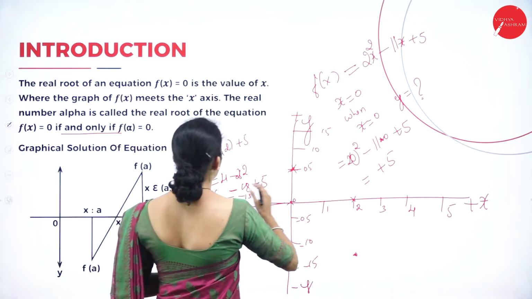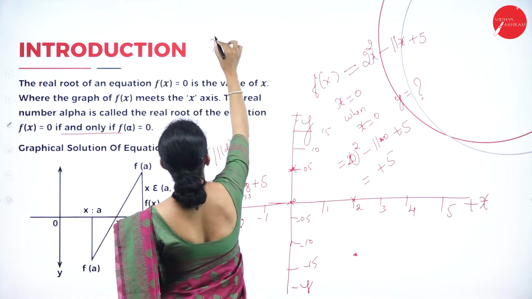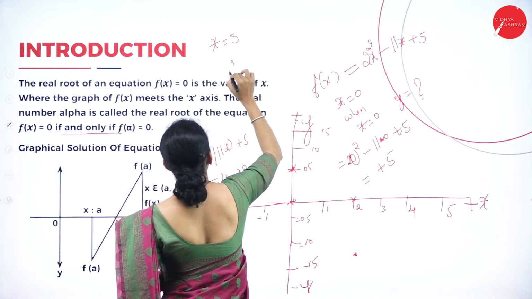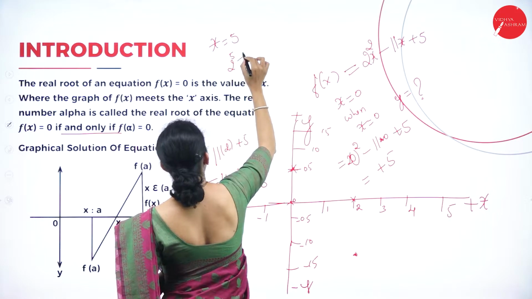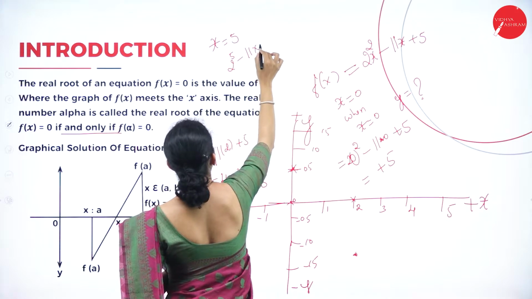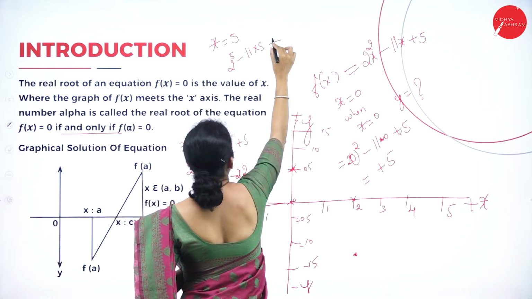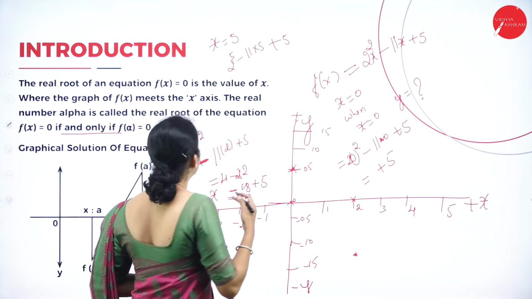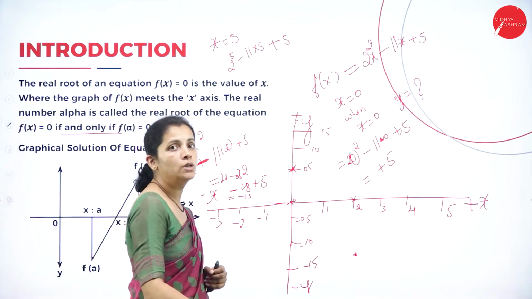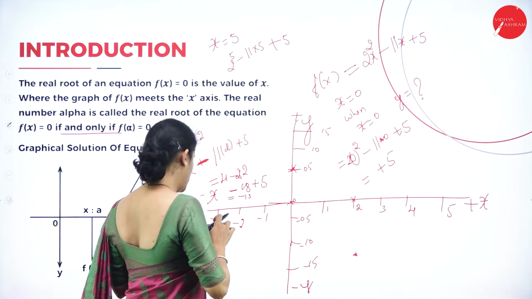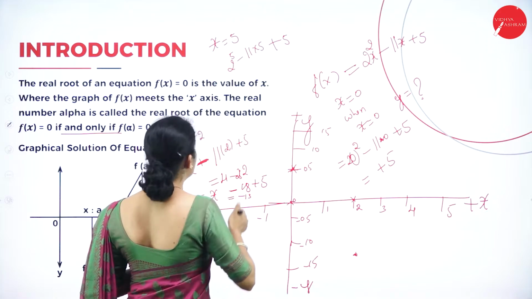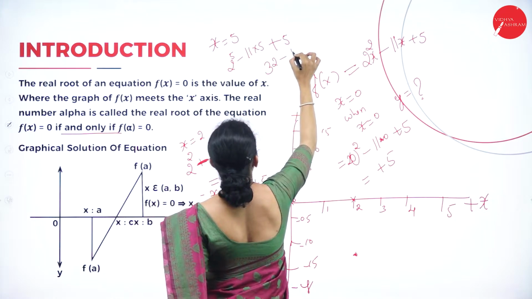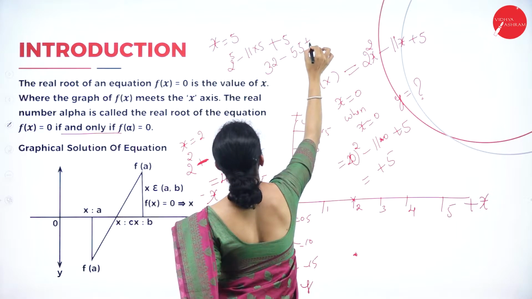Now I'm going to substitute x equal to 5. So 2 to the power 5 minus 11 into 5 plus 5. So 2 to the power 5 in the sense what? 2 into 2 into 2 into 2, that is 2 to the power 5 equal to 32 minus 55 plus 5.